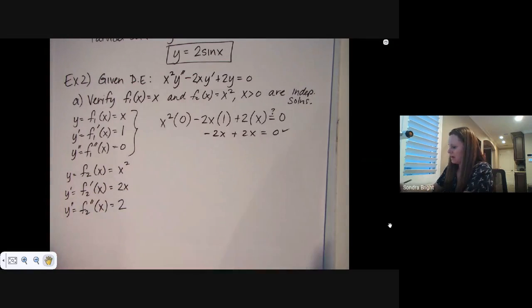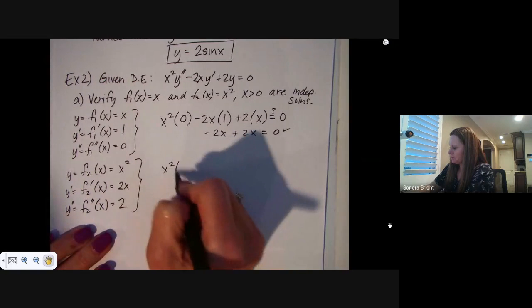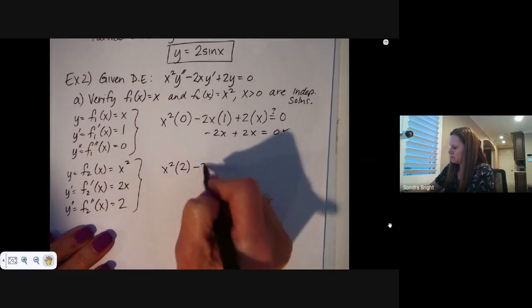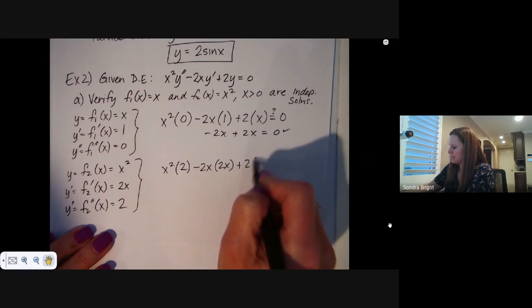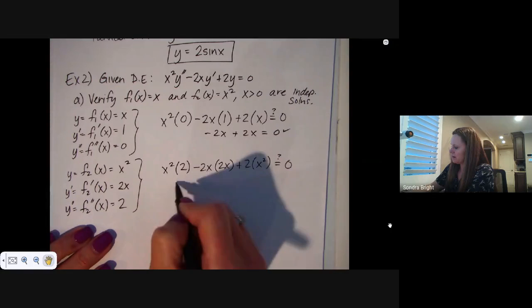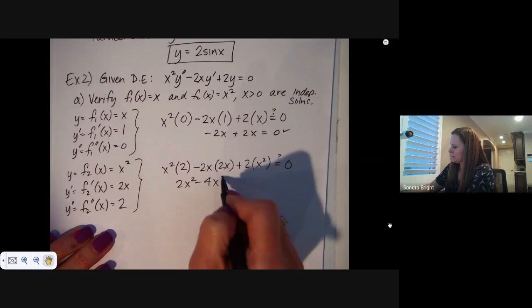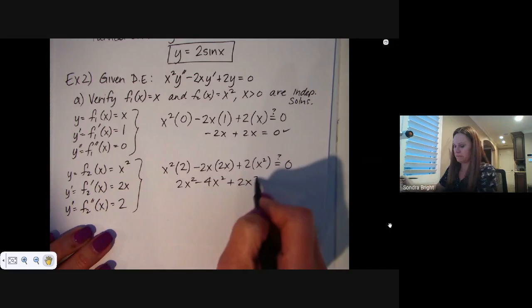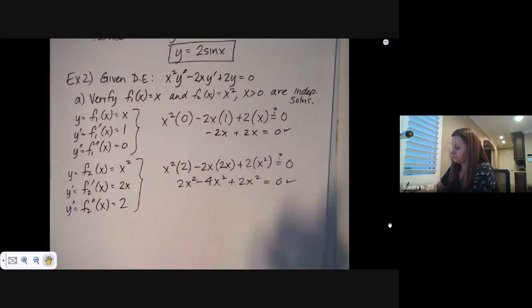Okay, verify if that's true. So we got x squared times 2 minus 2x times 2x plus 2 times x squared. Is that equal to 0? Well, that gives me 2x squared minus 4x squared plus 2x squared, and sure enough, yay, they are. So they're both solutions.